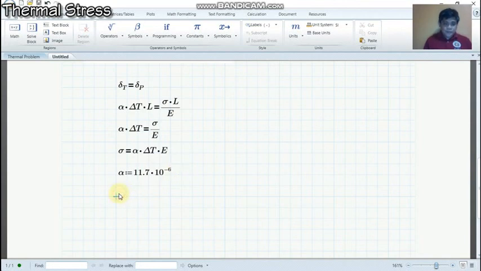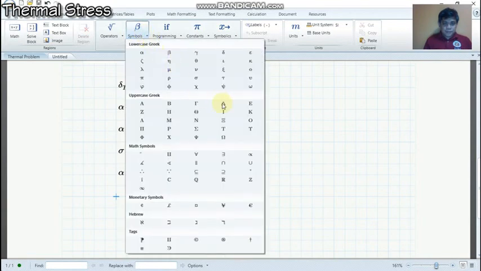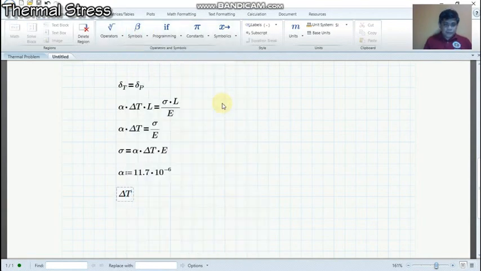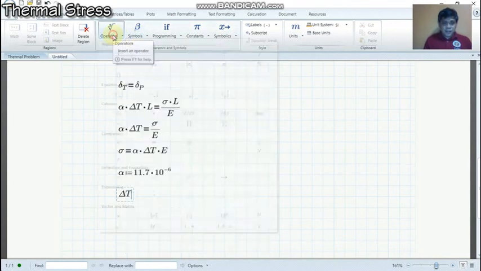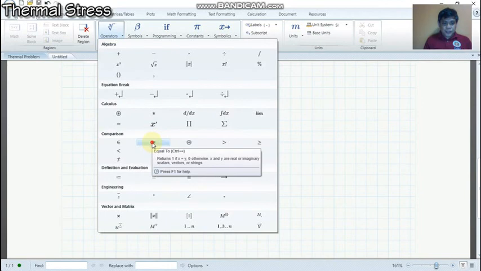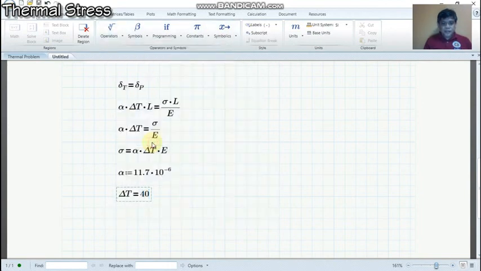And our delta T, that is from 20 to negative 20, so we actually have a drop of 40 degrees Celsius.